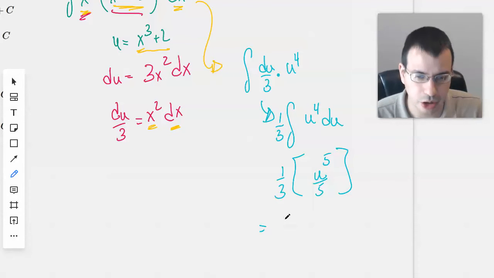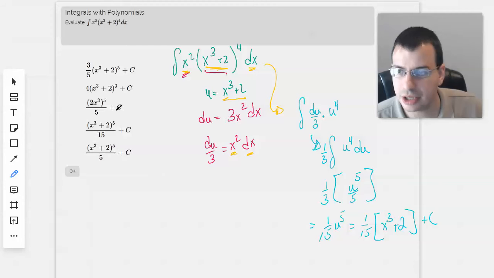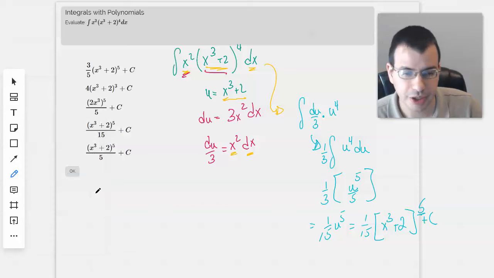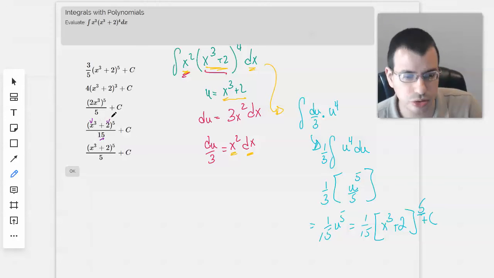So this will be 1 over 15 u to the 5th, which equals 1 over 15 times (x cubed plus 2) to the 5th, plus c. Good call, almost missed that. So our answer here is going to be 1 over 15 times (x cubed plus 2) to the 5th, plus c for a constant.